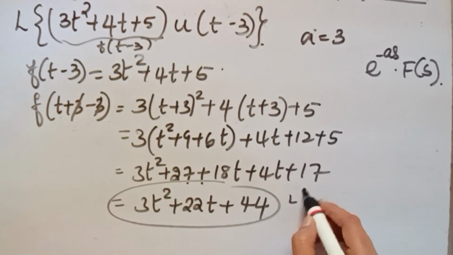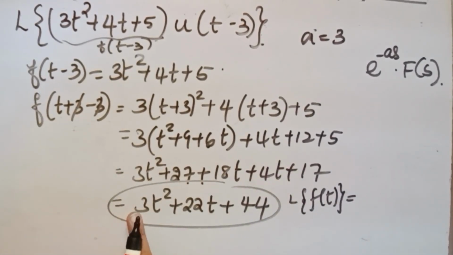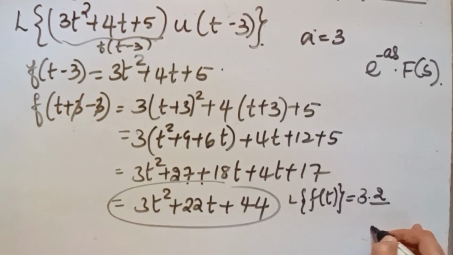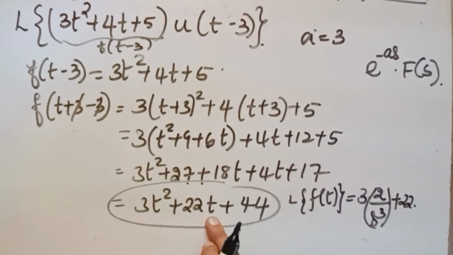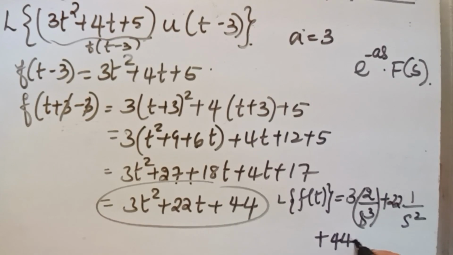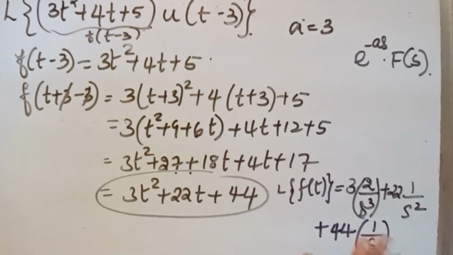You have to find the Laplace transform of f of t. So Laplace transform of 3t square: 3 is constant, Laplace transform of t square is 2 by s cube. Next, plus 22 into Laplace transform of t, which is 1 by s square, plus 44 is a constant, Laplace transform of 1 is 1 by s. Now let us substitute that in this formula.